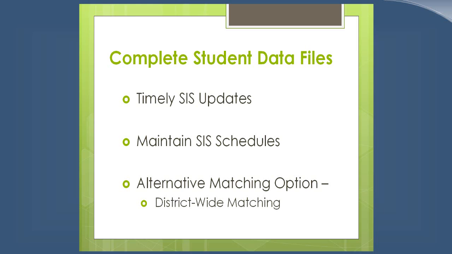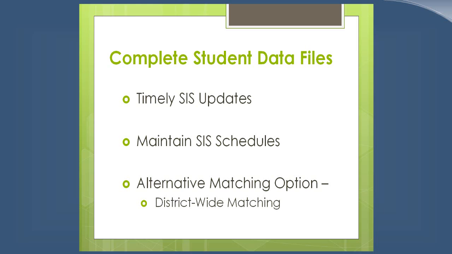What we talk about is the option for the locals, the LEAs, to be able to throw information against a district-wide matching list. So they're going up and they're looking with their local information and throwing against a statewide SNAP system.